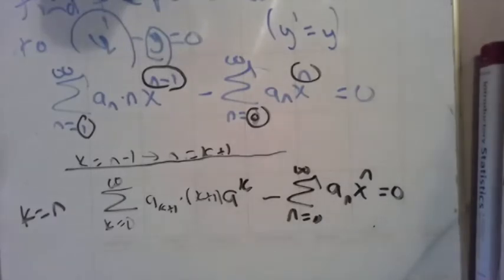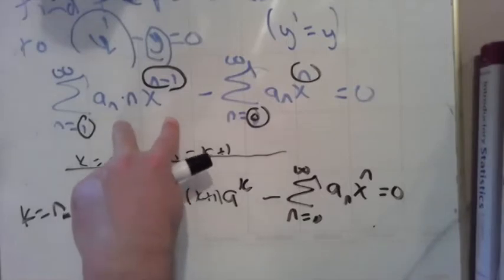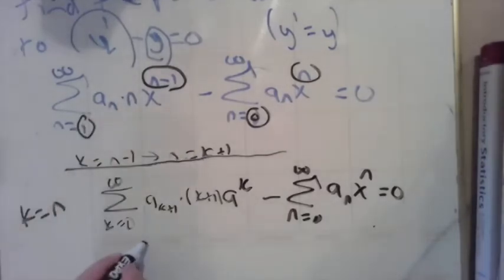And that might bother you at first. It did me. I was like, you can't do that. Sure you can, because it doesn't matter. It's still the same sum. Write out several terms of this. Write out several terms of that. And they are literally the same thing. It doesn't matter what letter you use.